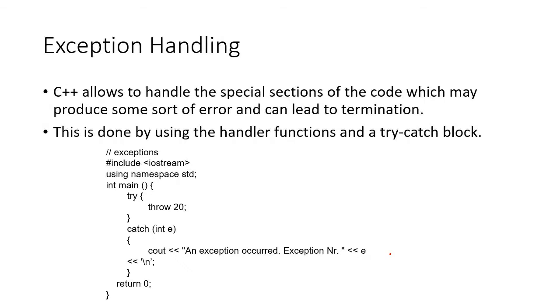To handle such conditions, we can use the exception handling procedure. This is done using a handler, and generally the section of code which we think is going to give us an error is put into a try and catch block.